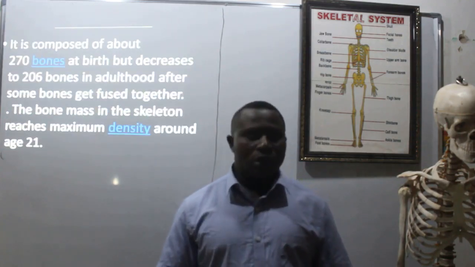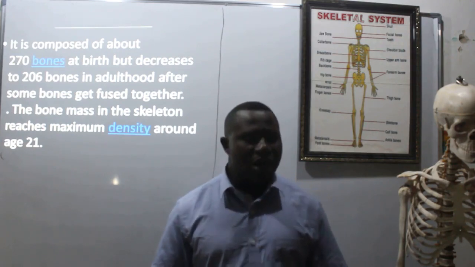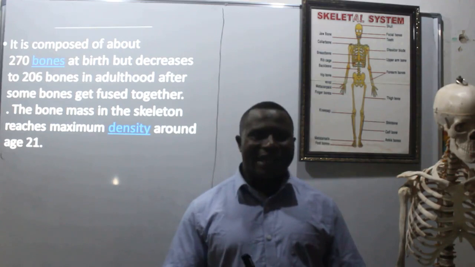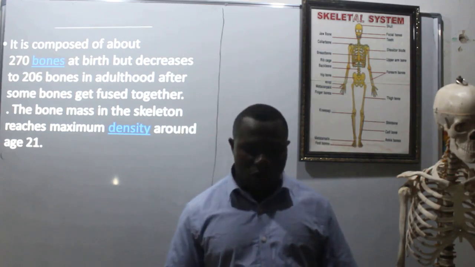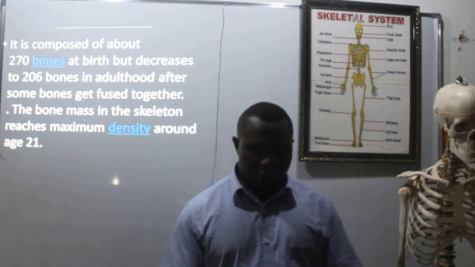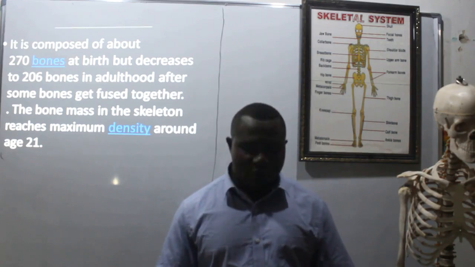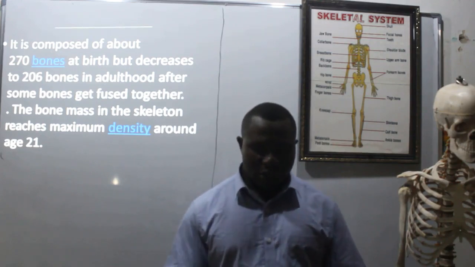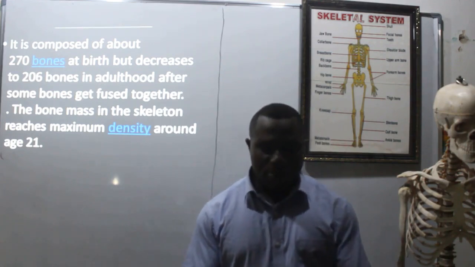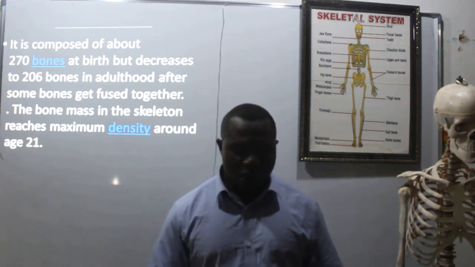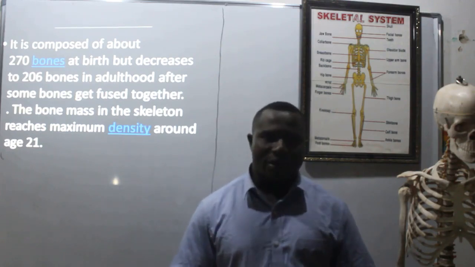It is composed of 270 bones, but this decreases as the child develops to adult stage. The bones decrease to 206 when they fuse together. The bone mass in the skeleton reaches maximum density around the age of 21.